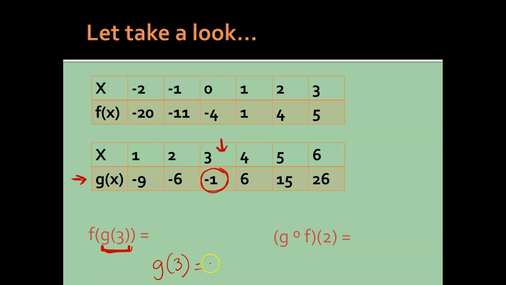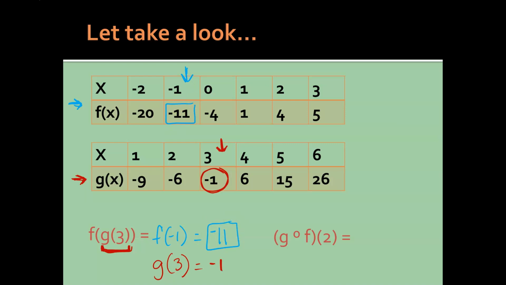It is negative 1. So I can replace g of 3 with negative 1, and I now have f of negative 1. So I go to the f function, and when x is negative 1, what is y? Negative 11. So my answer is negative 11.